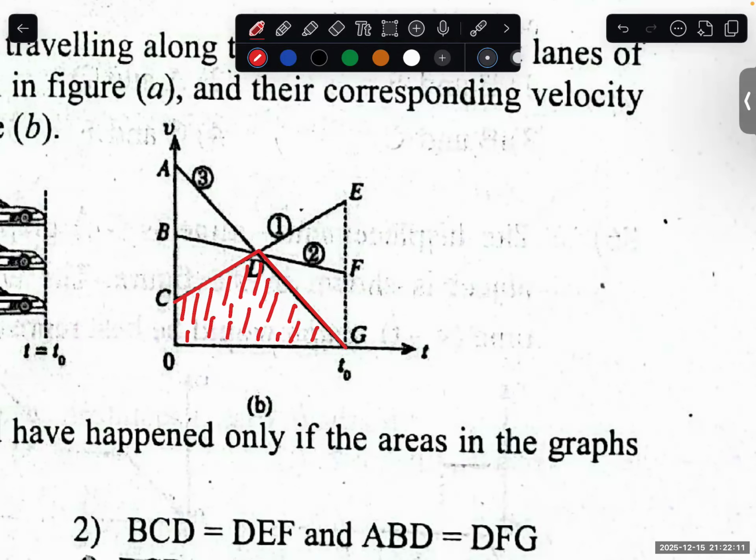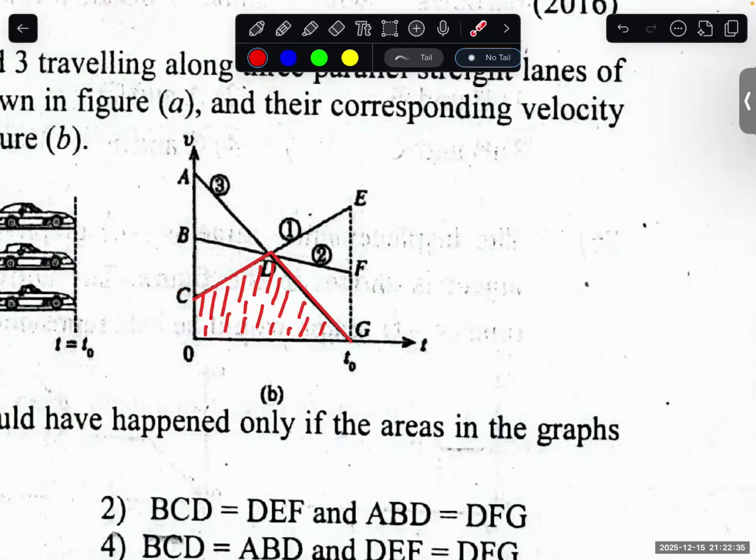For example, this graph will have this and this. This graph will have this and this. This graph has this and this. Okay, understood. So you have to just compare these because this is common now. Okay.